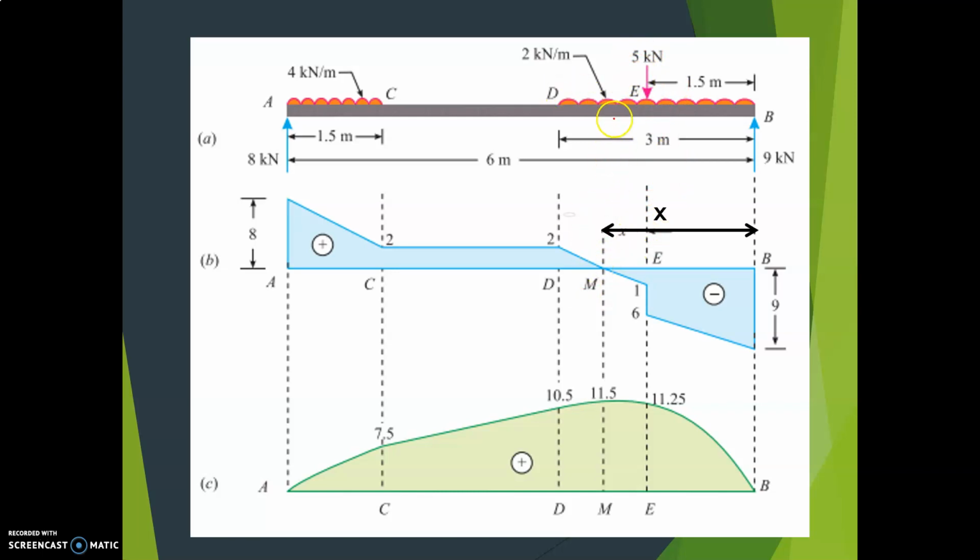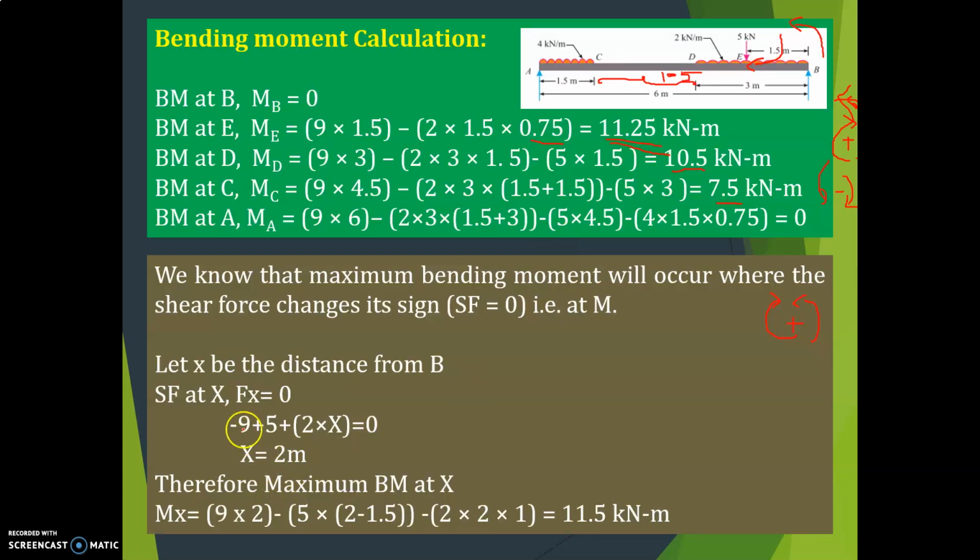So shear force at X is minus 9 plus 5 plus 2X, so you get X equal to 2 meter.